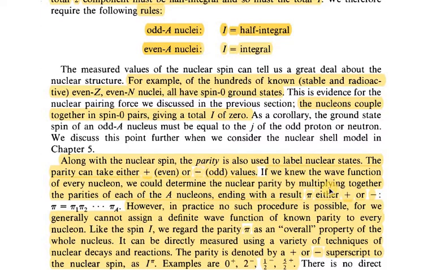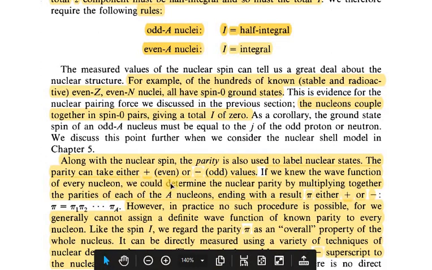If we knew the wave function of every nucleon, we could determine the nuclear parity by multiplying together the parities of each of the A nucleons, ending with the result pi, either plus or minus, that is pi equals pi 1 times pi 2 up to pi A. However, in practice, no such procedure is possible, for we generally cannot assign a definite wave function of known parity to every nucleon. Like the spin I, we regard the parity pi as an overall property of the whole nucleus.